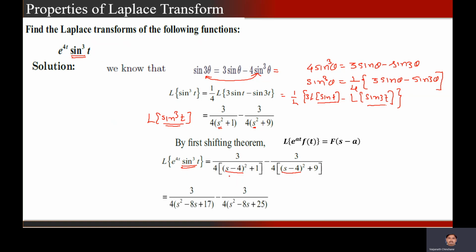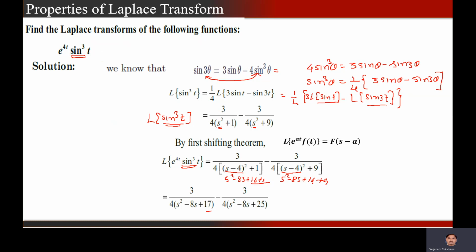After calculating, the expansion is s square minus 8s plus 16 plus 1, and s square minus 8s plus 16 plus 9, and 16 plus 1 is 17, 16 plus 9 is 25. So this is the answer, and after cross multiplication we have minus 7 divided into s square minus 8s plus 20.